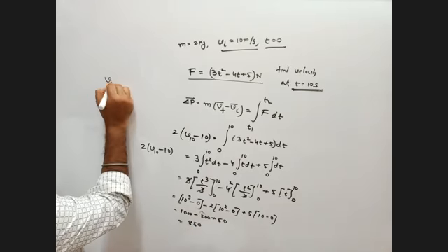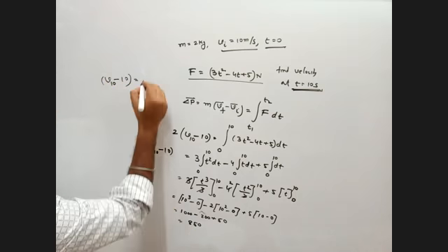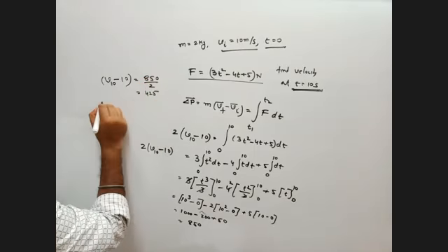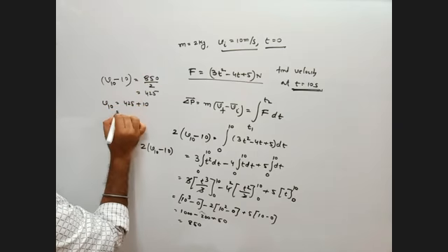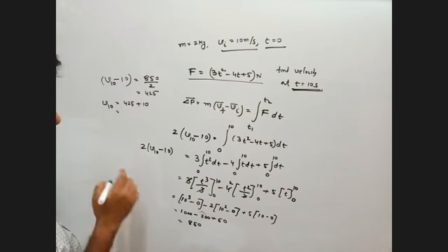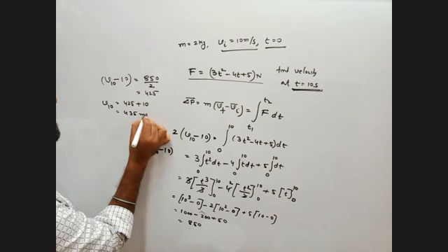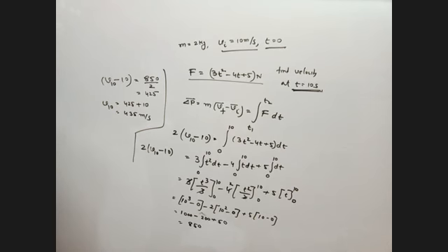So 2 times velocity at 10 minus 10 equals 850, divided by 2, that is 425. So velocity at 10 is 425 plus 10, that is 435 meter per second. Is it okay, everyone? You understand? I think you understand. Yes, sir.